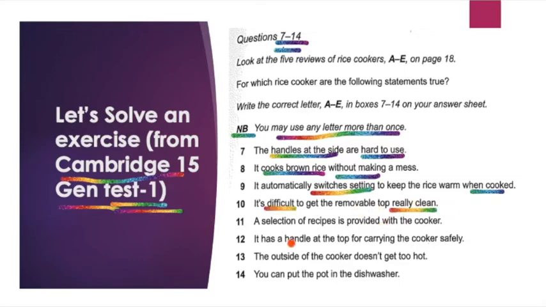Underlining the keywords, because I'm not able to find any proper nouns or numbers. A selection of recipes is provided with the cooker. It has a handle at the top for carrying the cooker safely. Outside of the cooker doesn't get too hot. Okay, you can put the pot in the dishwasher.